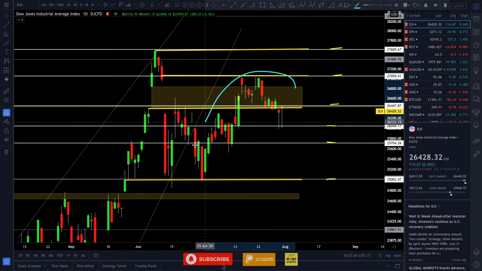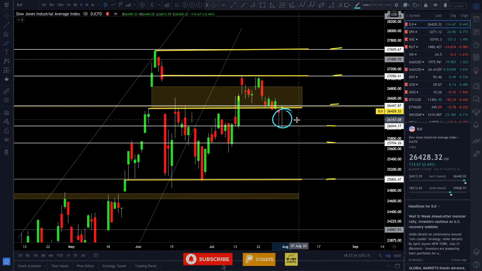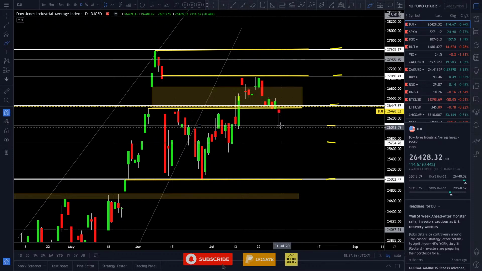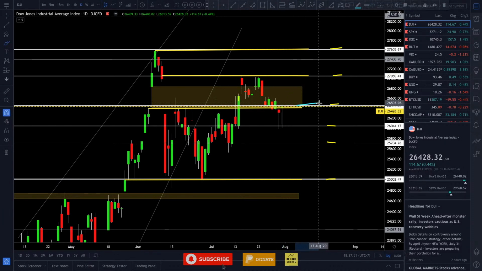So if the uptrend theory remains intact and we have bullish expectation and prospects after this week of earnings and news, I would expect the market to try to go up to 27,000. Why? Well, this is now the new resistance level right here of 26,500. So where would the next resistance target be? Here in the blue, that's 27,000.